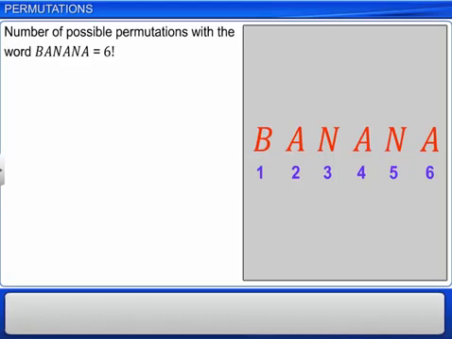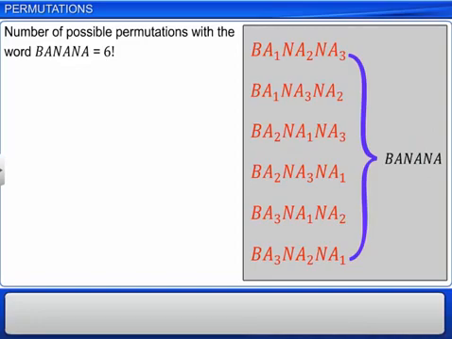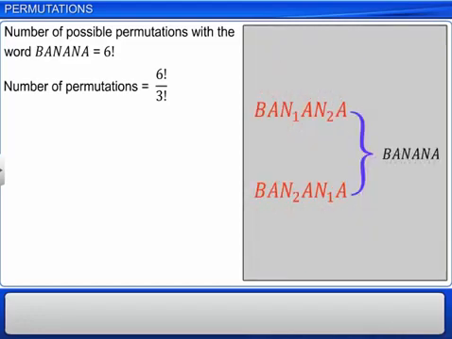Since the letter A repeats thrice, 3 factorial permutations resemble each other. One such set of permutations is shown here. Therefore, there are 6 factorial divided by 3 factorial permutations. Coming to the letter N, we have 2 factorial permutations that resemble each other. Therefore, we have the number of permutations as shown.